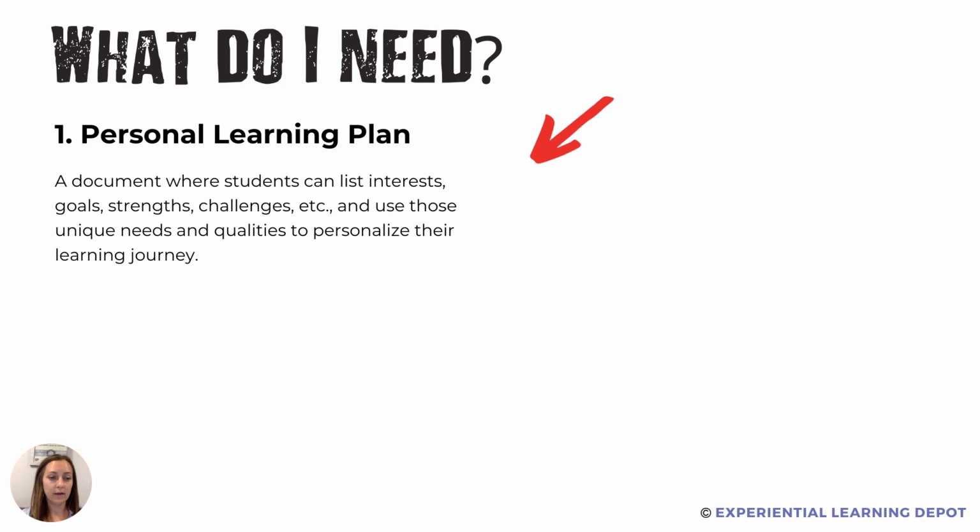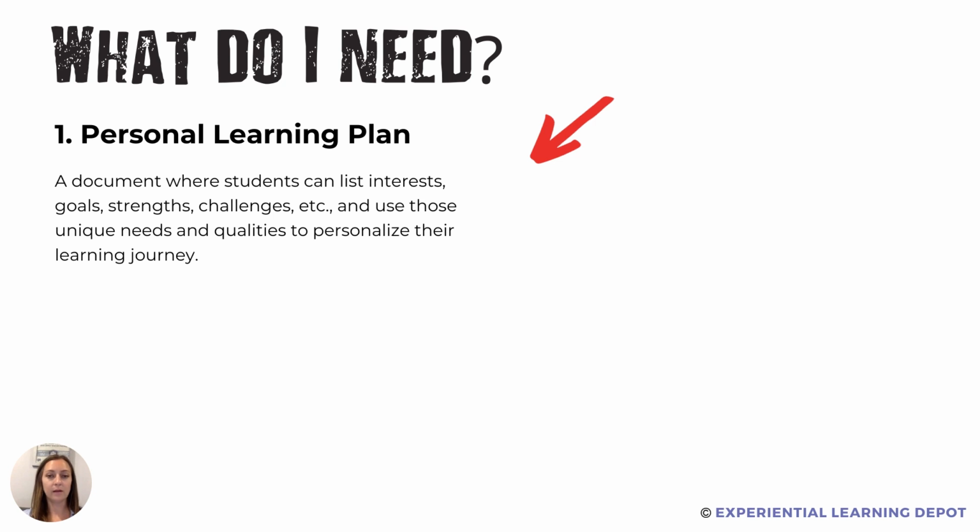You need a personal learning plan. The way that I use it is that because it's self-directed, every student's project is customized to who they are as individuals, who they are on a personal level. So a personal learning plan really gets those personal attributes out for you to learn more about your students and what they need in the design process.